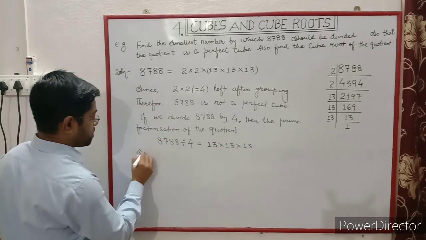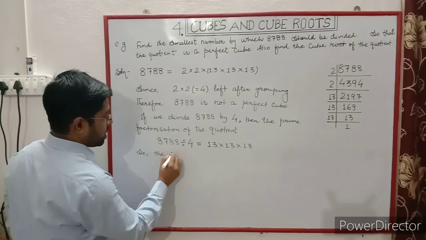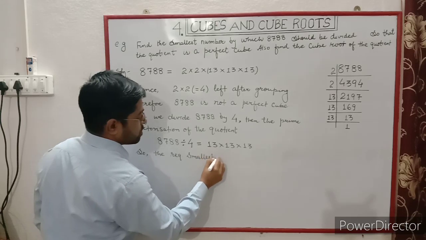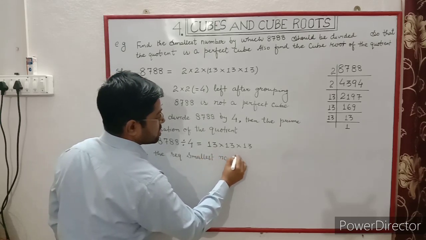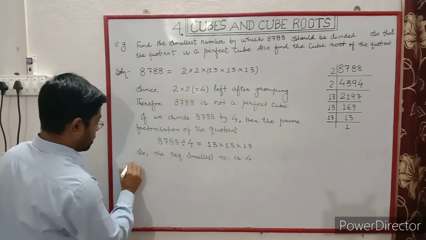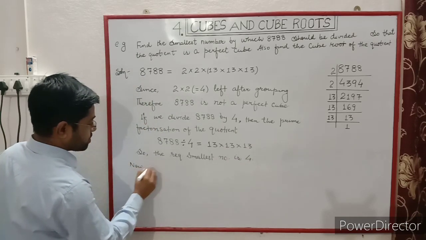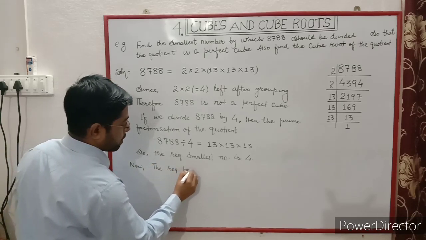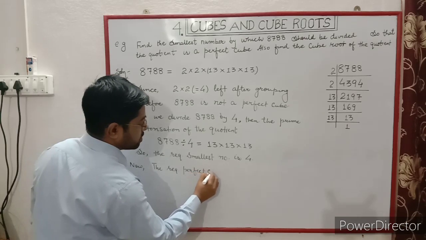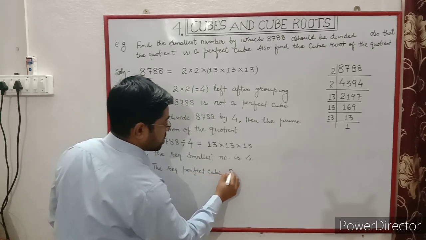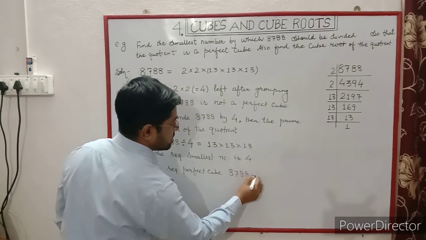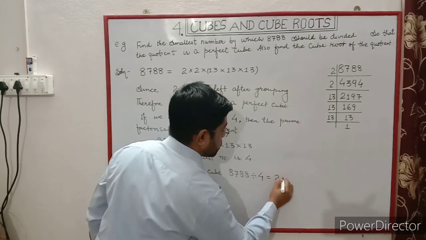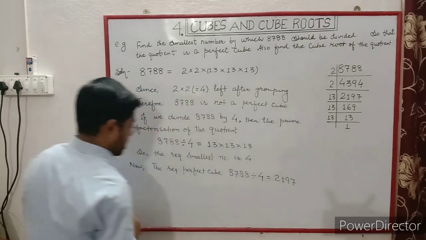So the required smallest number is 4. Now the required perfect cube is 8788 divided by 4, we have 2197.